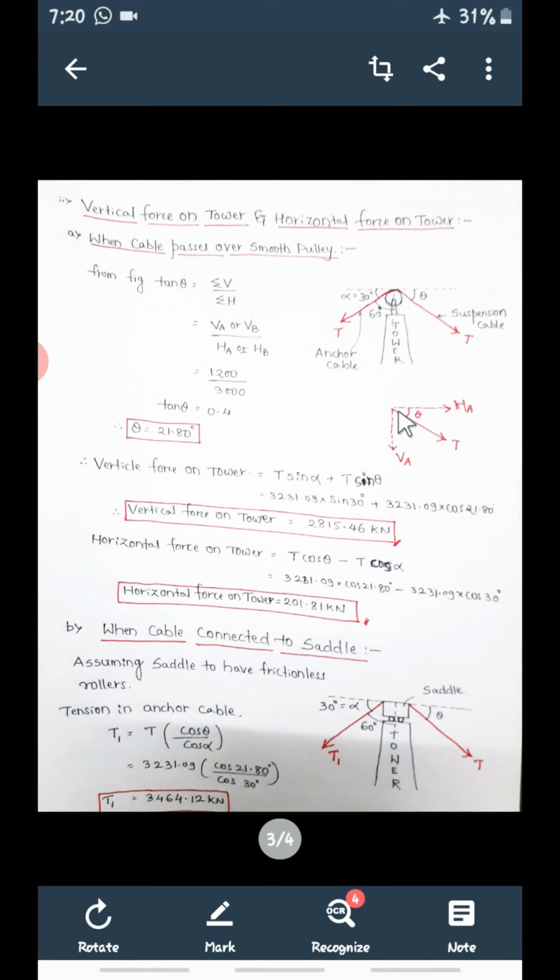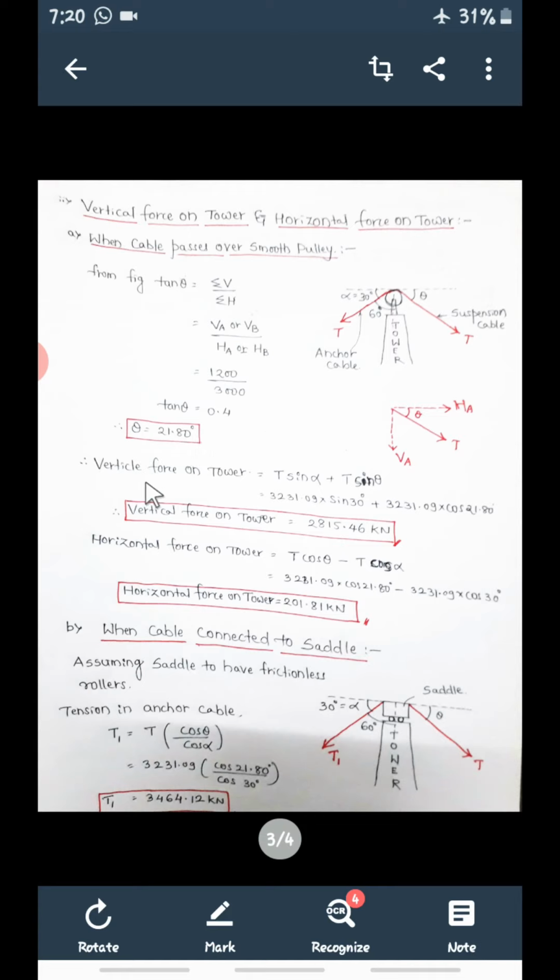If you take this small triangle, tan theta is equal to opposite, which is VA, divided by adjacent, that is HA. So tan theta is equal to VA or VB divided by HA or HB. Substituting the VA and HA values, we get tan theta is equal to 0.4. Therefore theta is equal to 21.8 degree. So this is given as 60 degree, this alpha is 30 degree now. So theta is 21.80. From this I can calculate the theta value.